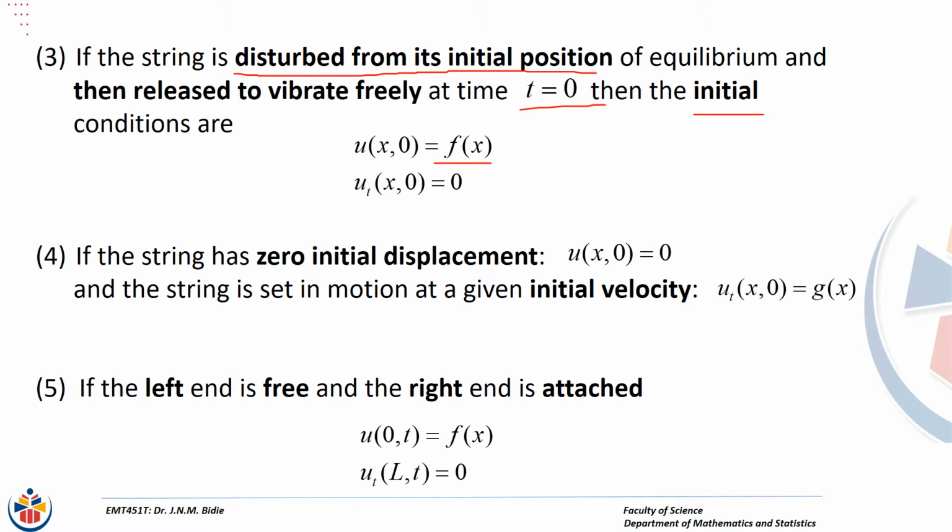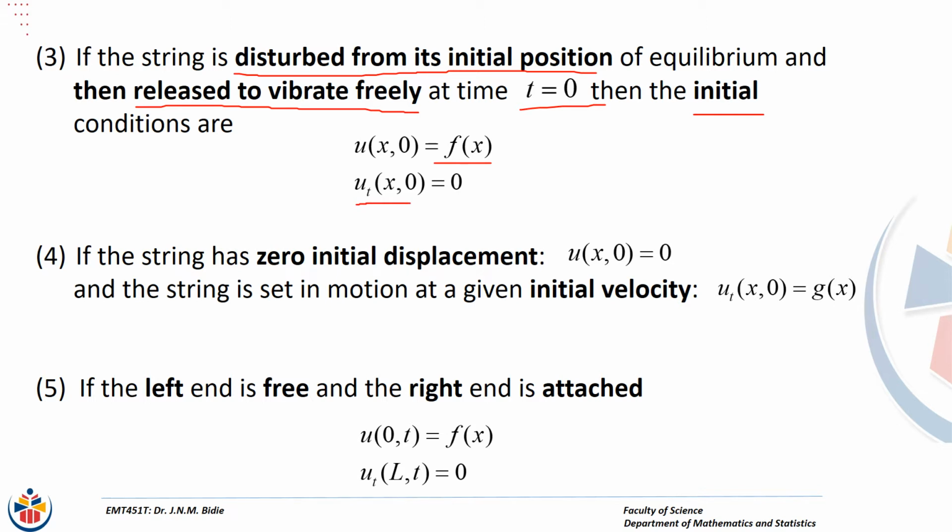Then it says, afterwards, note the string was disturbed initially, and then thereafter it was released to vibrate freely. When it's vibrating freely, now we're not talking displacement, we're talking velocity.